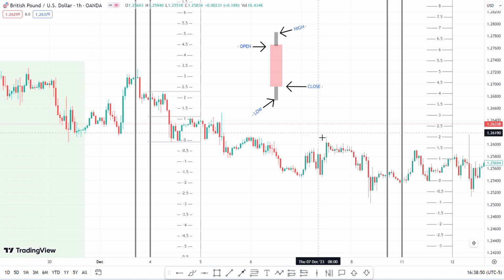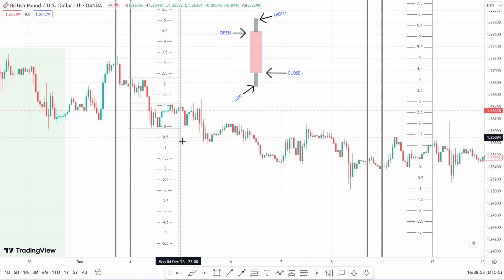And how you use this is these levels: 0.5, 1, 1.5, 2, 2.5, 3, 3.5, 4, 4.5, and 5.